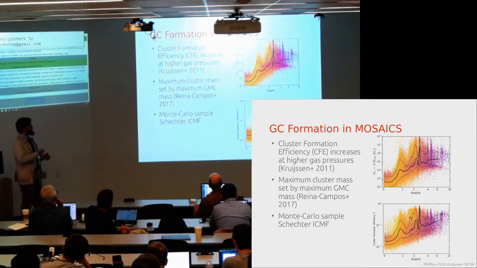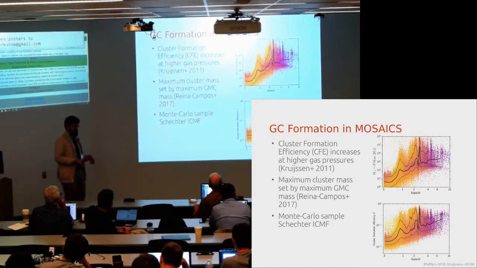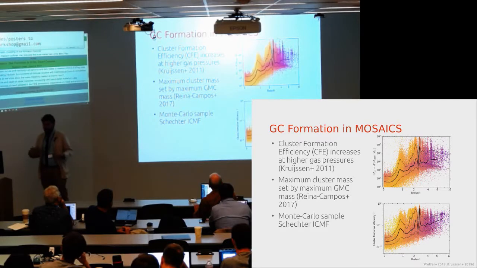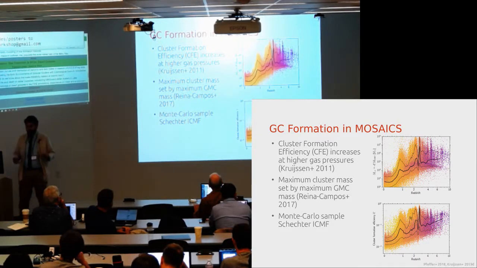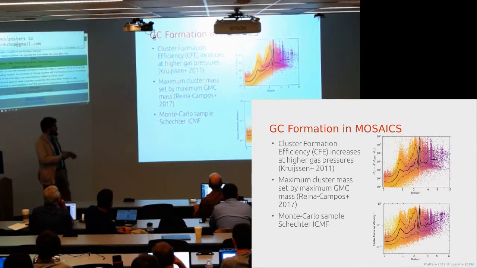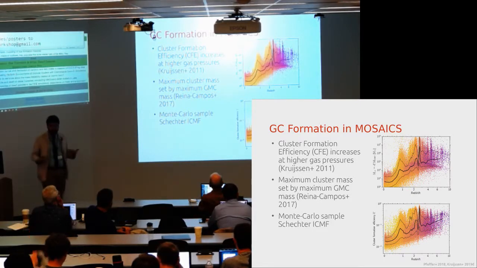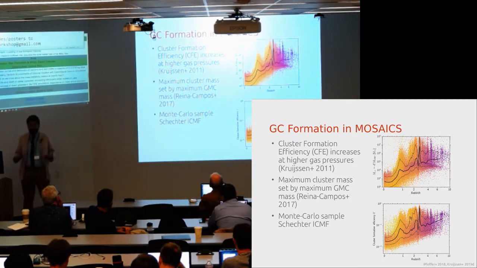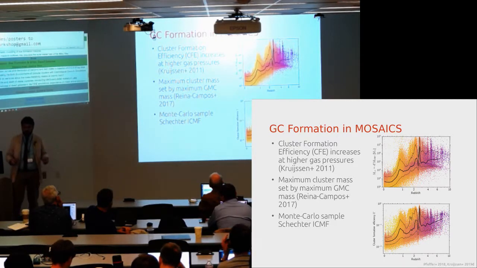The cluster formation model assumes that cluster formation efficiency increases with increased pressure. This is empirically fit to match the observations we see in the present universe of young massive clusters. So you can see here in the example of one of these E-MOSAICS galaxies, the cluster formation efficiency drops as you go from high redshift down to low redshift as the pressure of the ISM decreases.